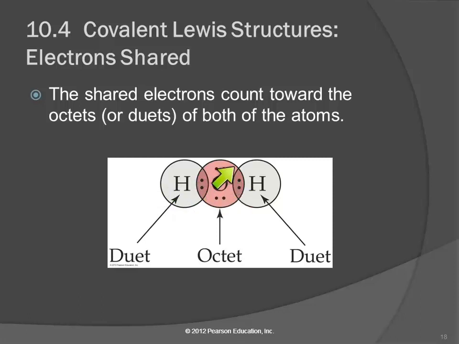And so the hydrogen is counting those shared electrons, and this hydrogen is counting both of the shared electrons. The oxygen is counting these shared electrons, those shared electrons, and these that are not shared. And so the oxygen feels like it has 8, each hydrogen feels like it has 2, and everybody's happy. If only life were that simple, right?